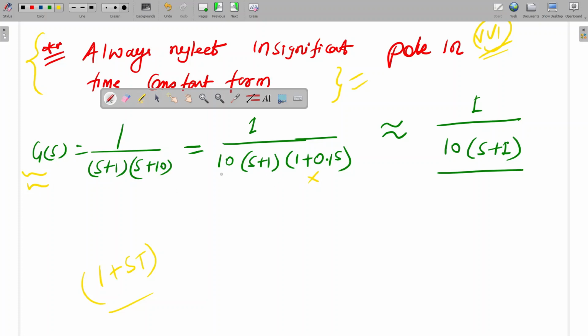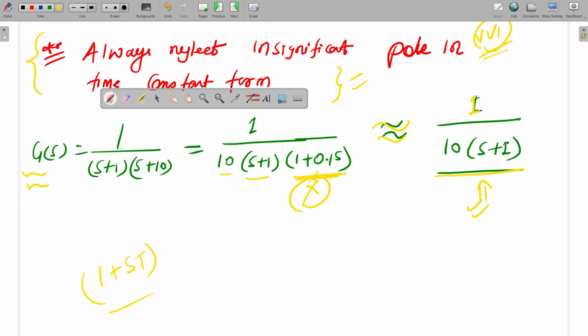So that will be 1 by 10 into (s plus 1) into (1 plus 0.1 s). So this is our insignificant pole, and that we can neglect. So I am neglecting it here, and this is the approximated transfer function, which is equal to 1 by 10 into (s plus 1). Is it clear to all?